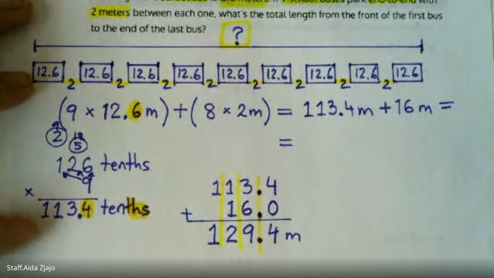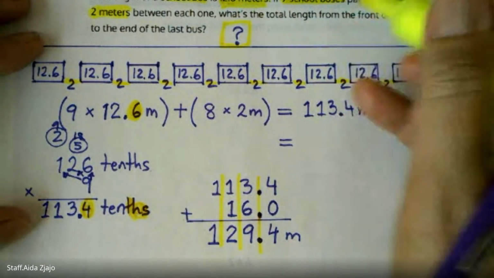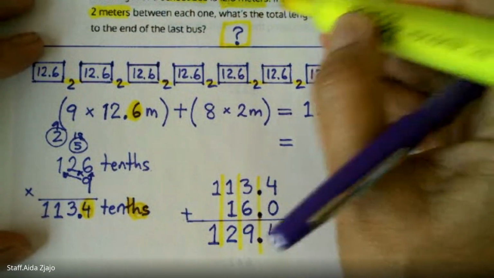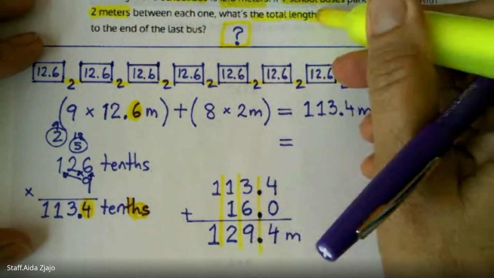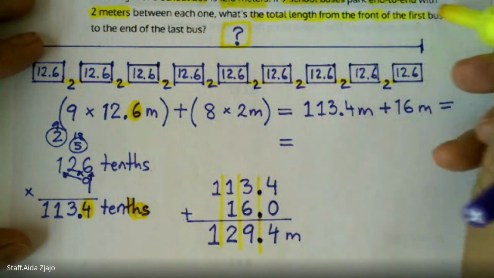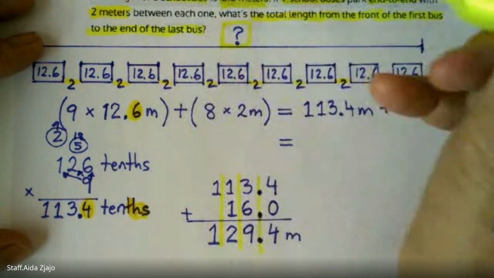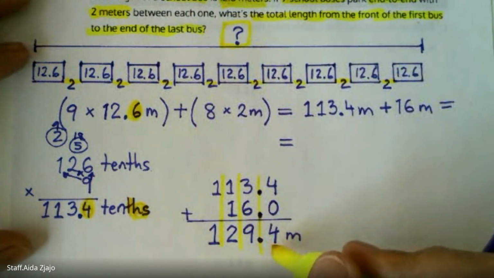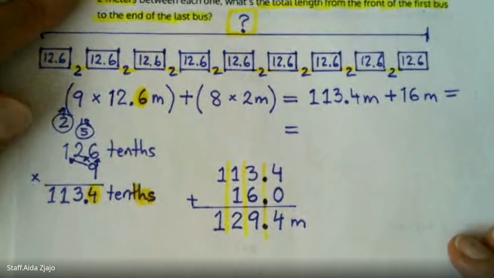All right, so now, what is the total length from the front of the first bus to the end of the last bus? You can use all these vocabulary words. The total from the front of the first bus to the end of the last bus is 129.4 meters. Okay, so let's write it down.